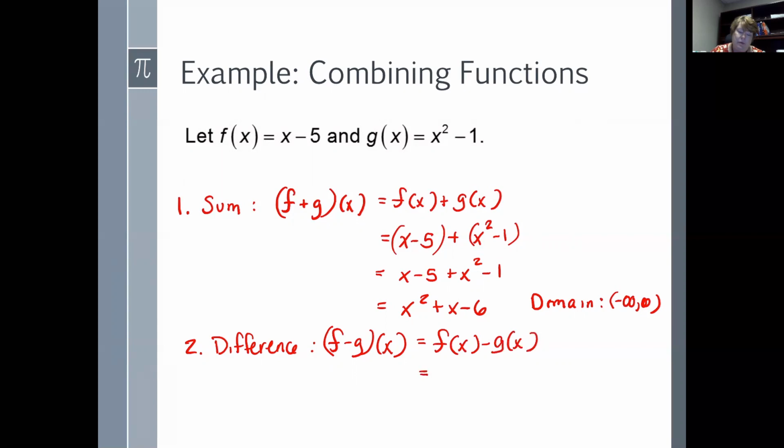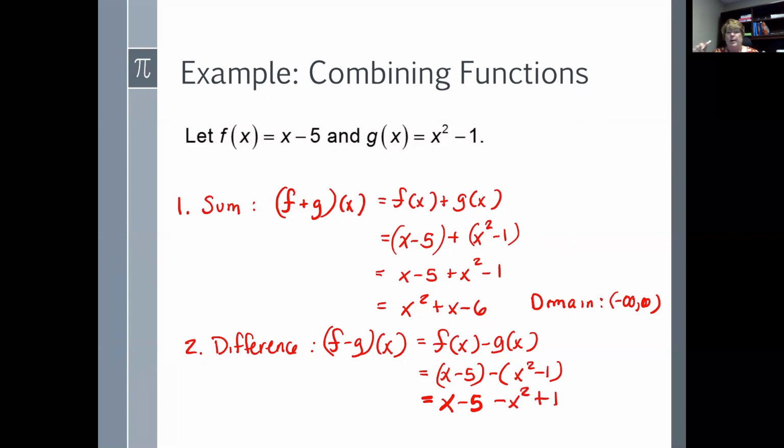And I need to be careful when I do this to make sure that I subtract all of g of x. So when I distribute that negative across, I want to be sure to distribute it across both terms inside those parentheses. So I get x minus 5 minus x squared plus 1.